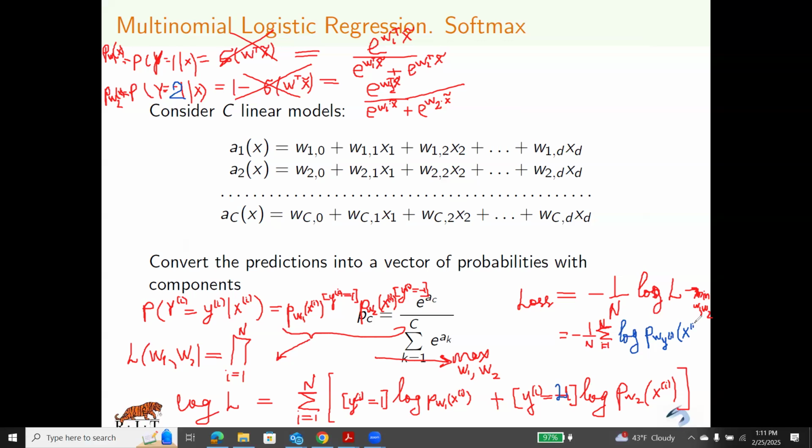Carton, you don't need to write this formula because it's not really related, because in your assignment we have classes 1 and negative 1. But if we would use labels like 1, 2, 3, 4, 5, 6, 7, and so on, then the index of my weight W would coincide with label.